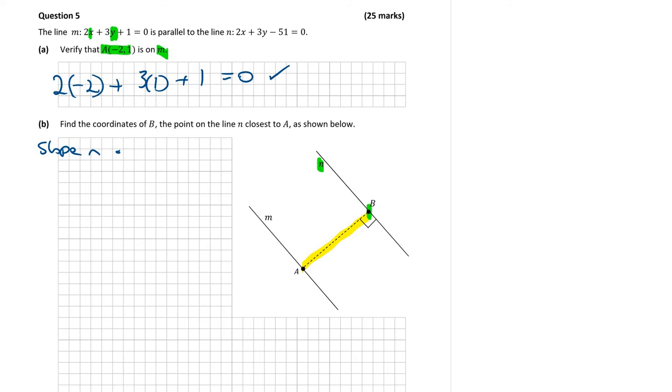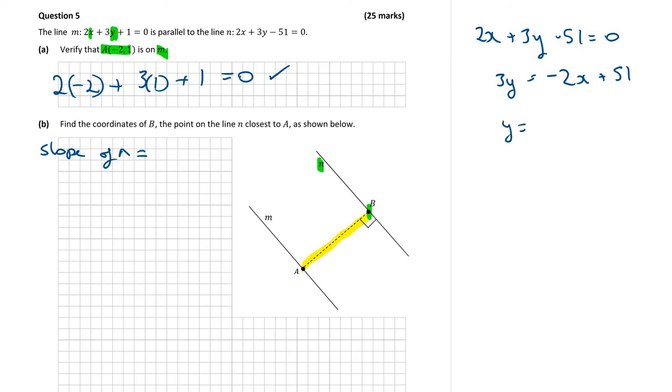If I just use some rough work here at the side, this is the equation of N, 2x plus 3y minus 51 equals 0. If I rearrange that equation and isolate y, 3y equals minus 2x plus 51, y equals minus 2/3 of x plus 51 over 3, which is 17.